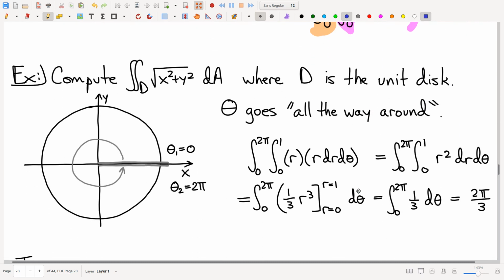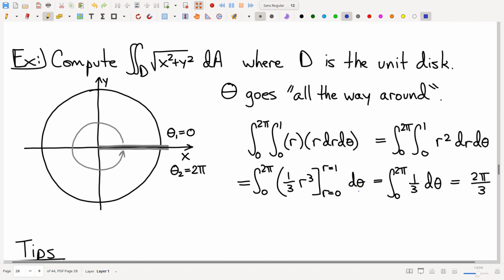Okay, so let's see some more examples of approaching it in this way. Here we have an integral. There's our domain. Again, you could pull back if you like, but it's so much easier just to view that I'm going to start at theta equals 0, and then theta is going to range all the way around.